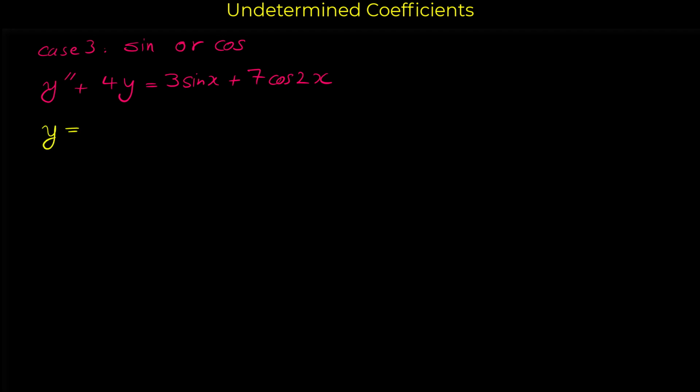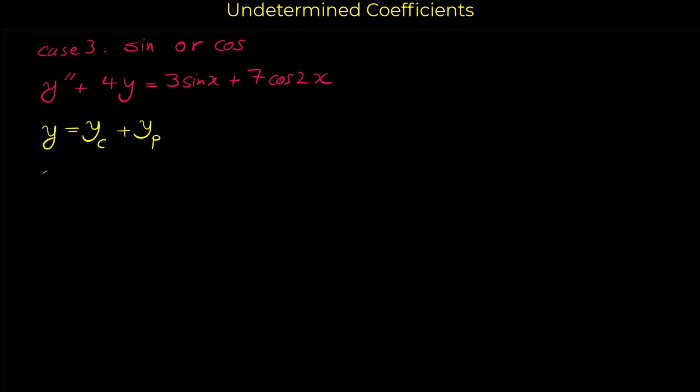We know that the general solution y is the sum of the complementary solution and the particular solution. Here the complementary solution is the solution that we can find from the corresponding homogeneous differential equation.